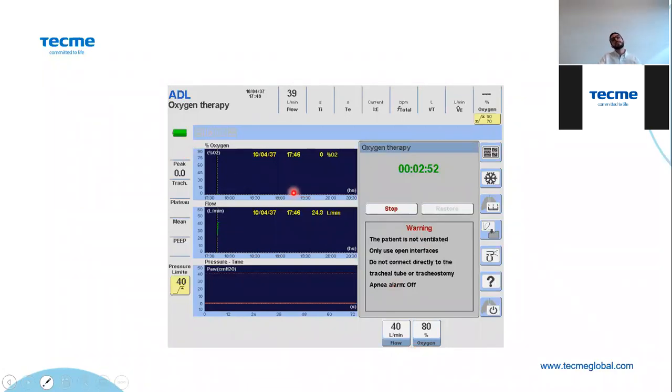Here you will have the monitoring of the oxygen, the flow, and the pressure. This is the pressure in the circuit, but it's not the pressure inside the lung. It's only a functional pressure for the ventilator. This is important to understand.